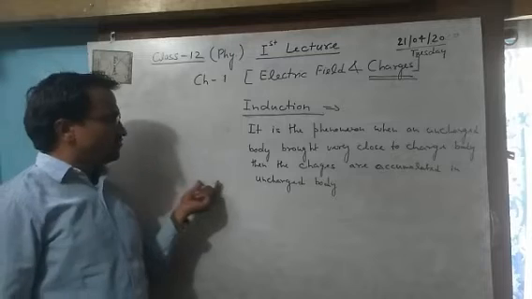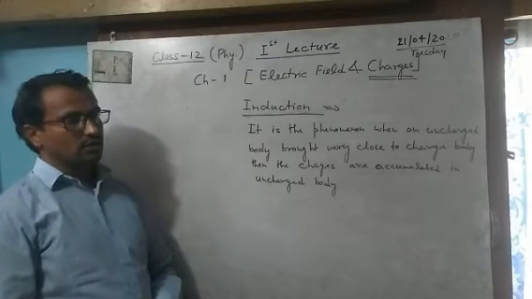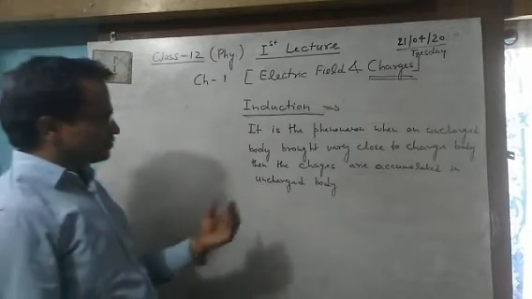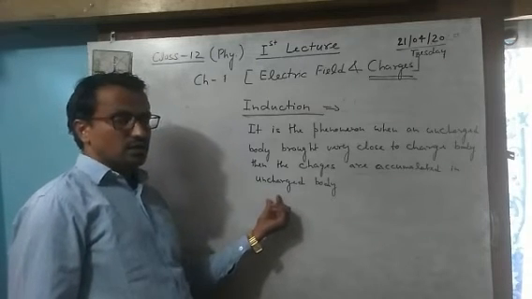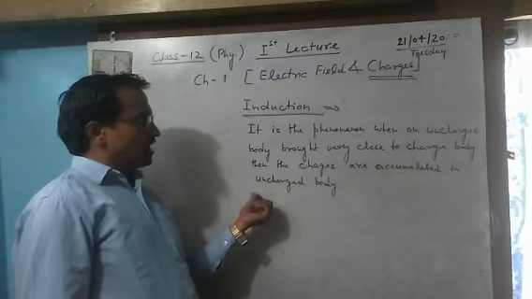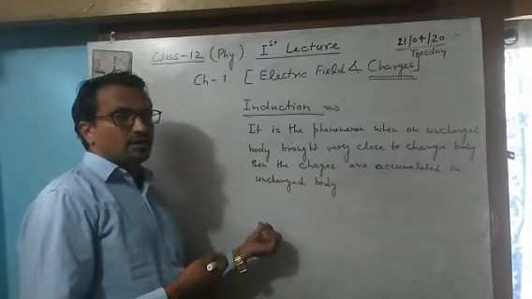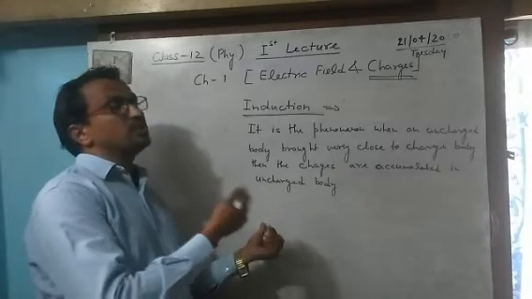When a charged body is very close to uncharged body, then in uncharged body some charges are accumulated in front of that charged body.